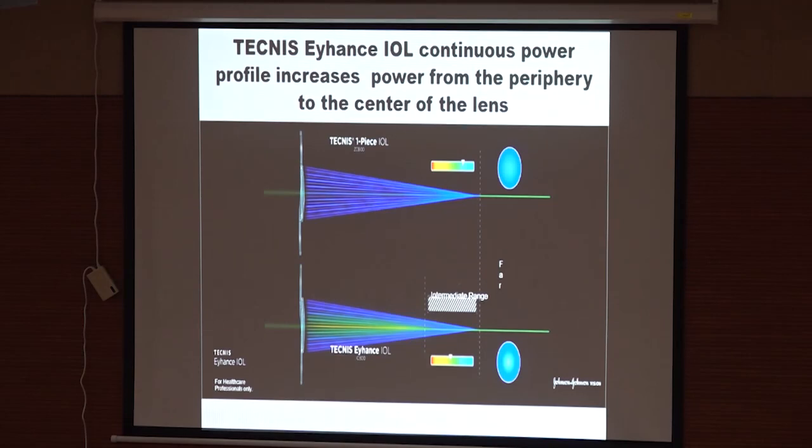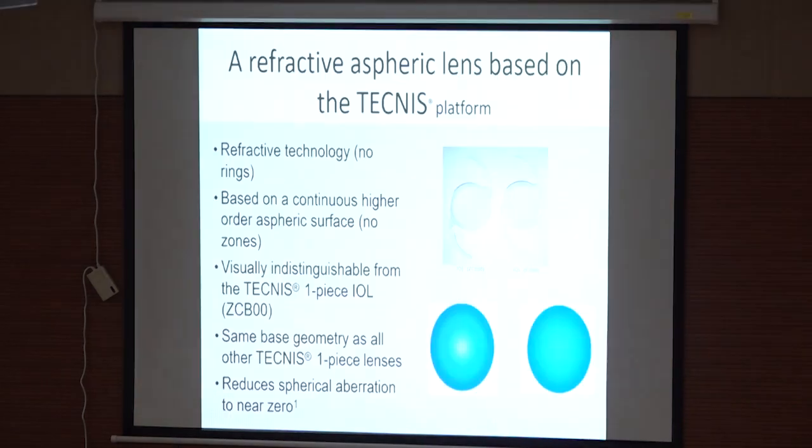Now the Eyhance essentially has a continuous power profile increase from the periphery to the center of the lens, like you see here. It's a gradual change, and the whole lens is essentially based on the Technis platform. And when you look at the lens, it is indistinguishable from a regular monofocal Technis.